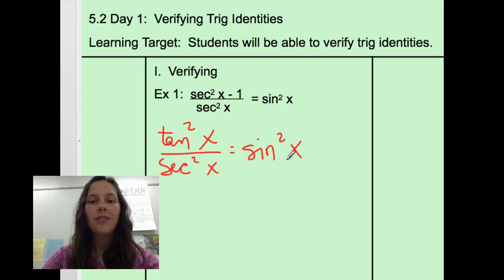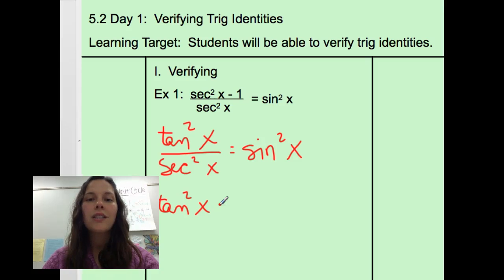So when we divide, we multiply by the reciprocal. So I'm going to start with tangent squared times the reciprocal of secant. So instead of putting it as 1 over secant, I know that secant is the reciprocal of cosine, so I am just going to multiply it by cosine squared.